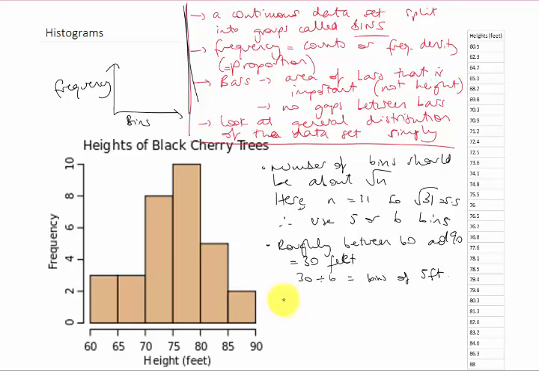So if we start at 60, we'd have 60.0 all the way up to 64.9.